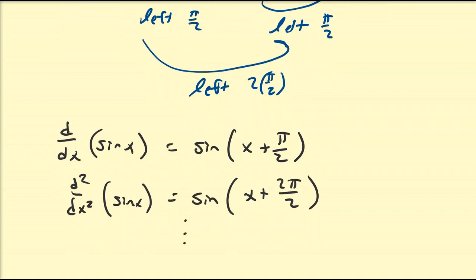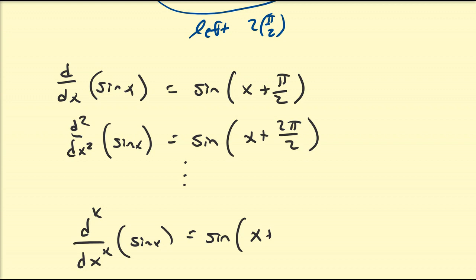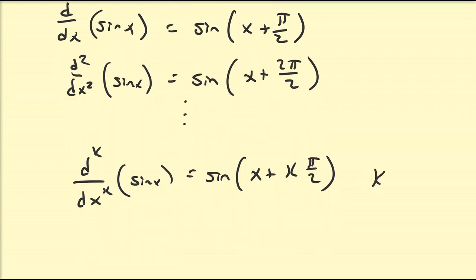And we can, of course, extend this to any integer k, right? So this is just going to be equal to the sine of x plus k pi over 2. Let's make this a little more neat. So k pi over 2, right? And this is true for any natural number k, and we can prove that by mathematical induction.